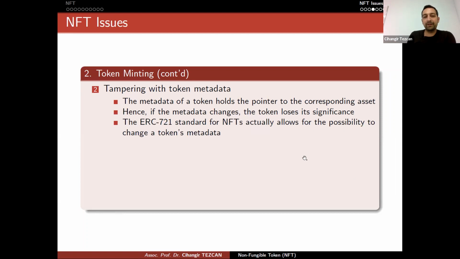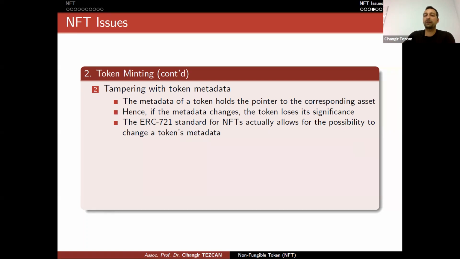The ERC 721 standard for NFTs actually allows for the possibility to change a token's metadata. Most of the marketplaces have the ability to change this metadata when they want. For some of them, you have to look at the smart contracts and see if they can change it or not.